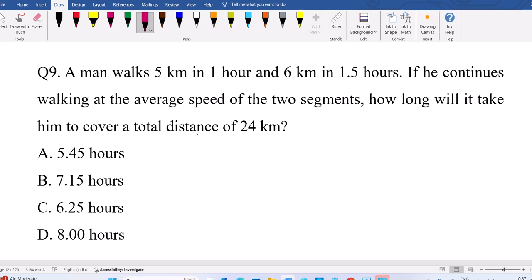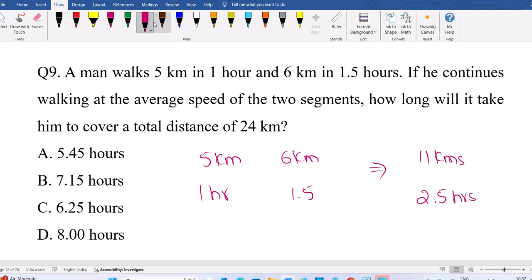So first 1 hour, 5 kilometers. Next 1.5 hours, 6 kilometers. So far 11 kilometers covered in 2.5 hours. If he continues in the same way, again 11 kilometers in 2.5 hours.